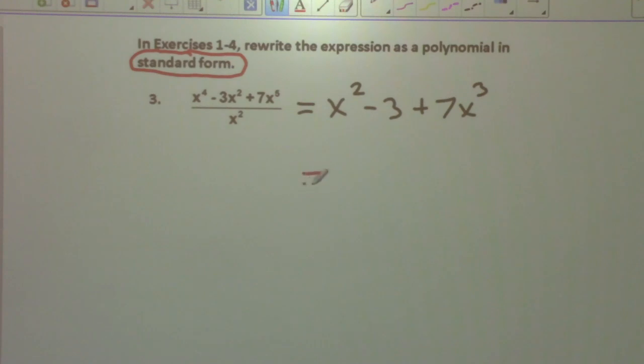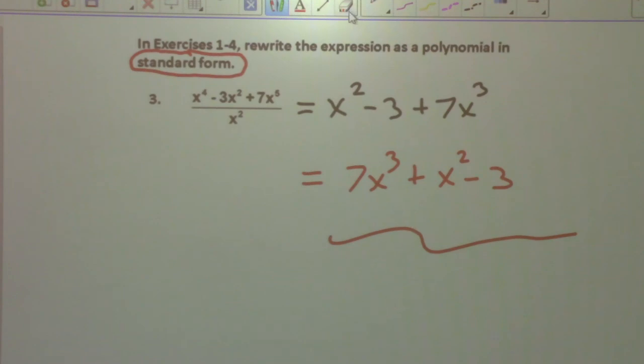So let's just do a rewrite of this. It's negative 7x cubed plus x squared minus 3 plus 7x. What you'd have to do is just rearrange these in order. Plus x squared, minus 3. And now are we in standard form? Yes, we are.